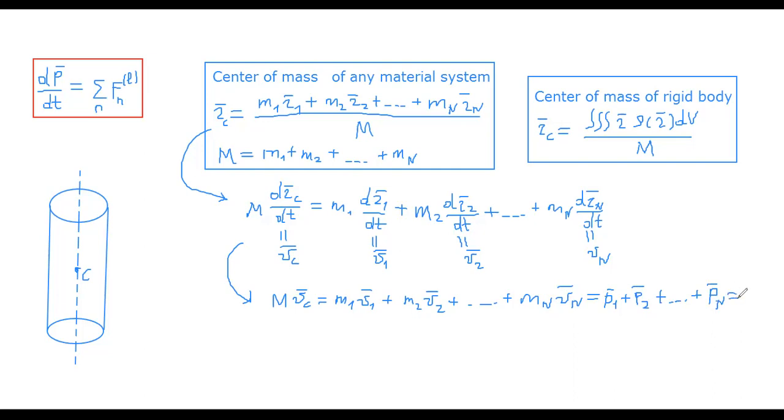So we have the momentum of the whole material system P. And let's take another derivative of this formula, from the left and right sides. M dV_C by dt is equal to dP by dt.